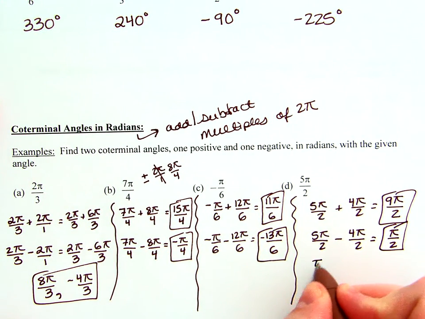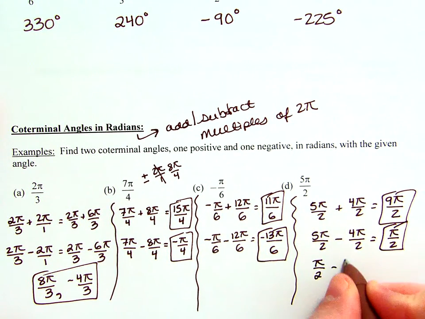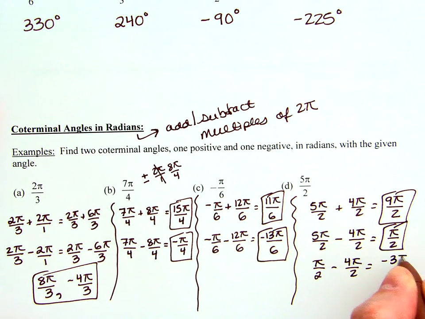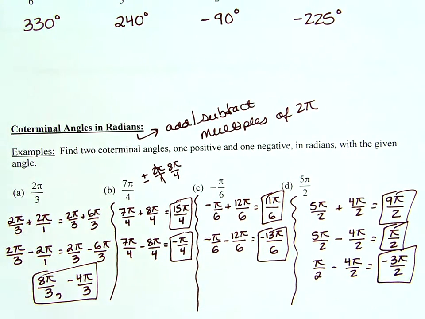So I'm just going to take that answer of pi over 2 and subtract another 4 pi over 2 from that. And I'm going to get negative 3 pi over 2. And we have our coterminal angles.